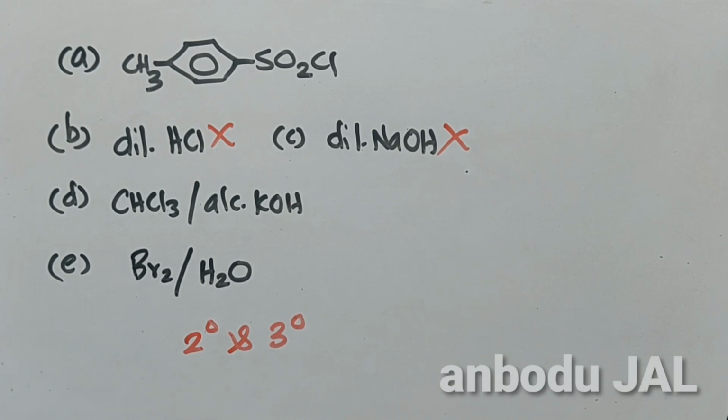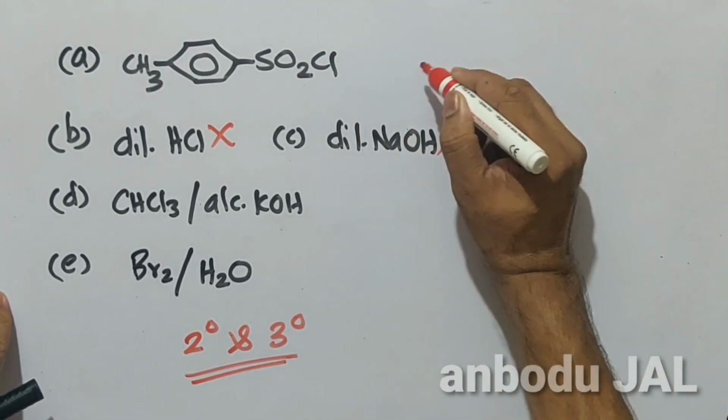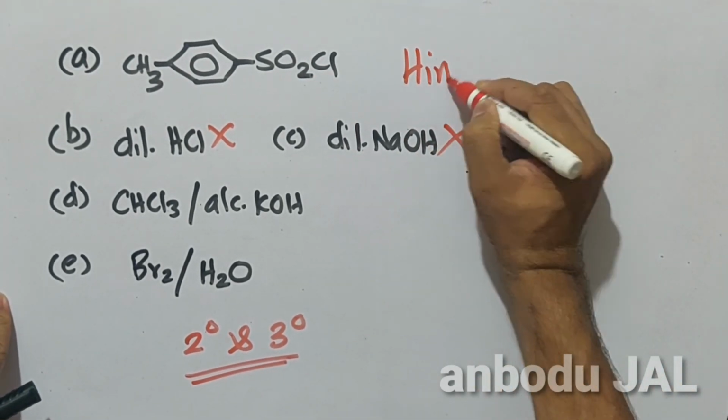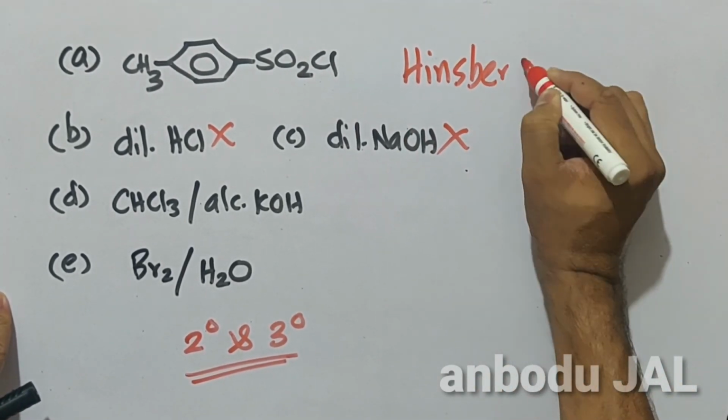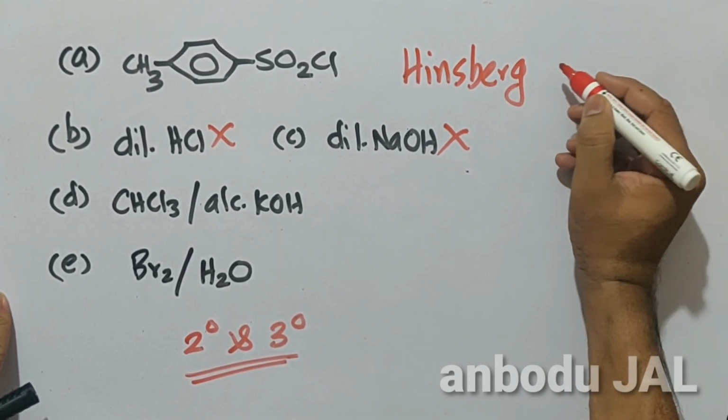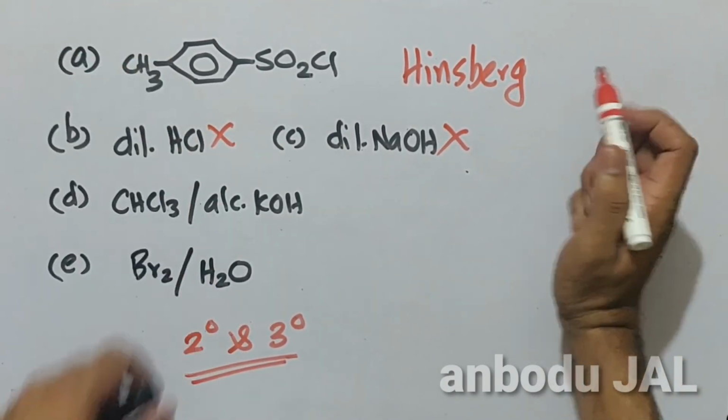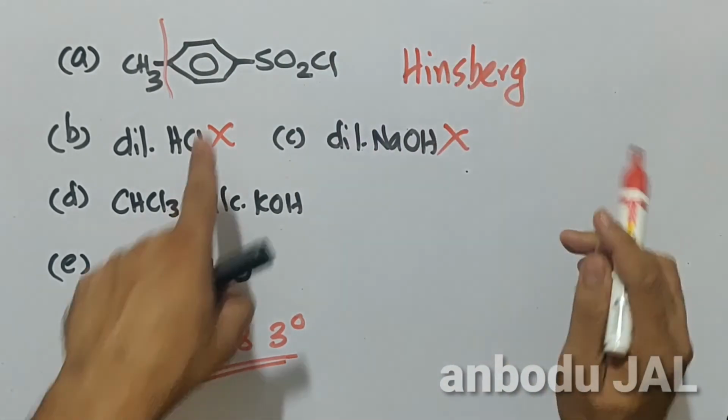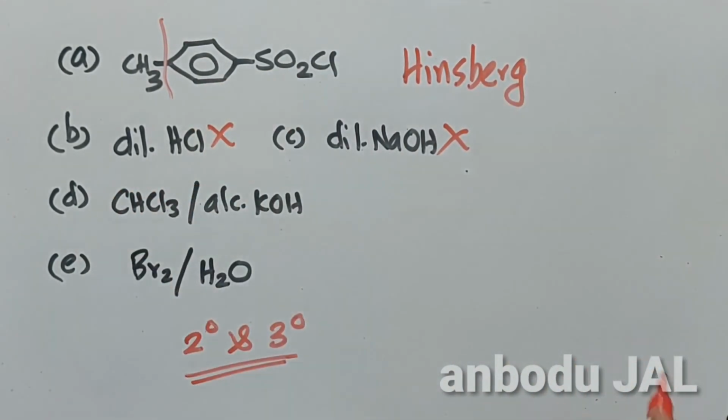Now listen here. Secondary and tertiary amines can be distinguished by the Hinsberg test. So the first compound is Hinsberg reagent. We have studied Hinsberg reagent as benzene sulfonyl chloride. Benzene sulfonyl chloride.